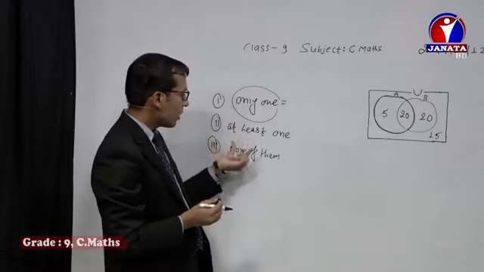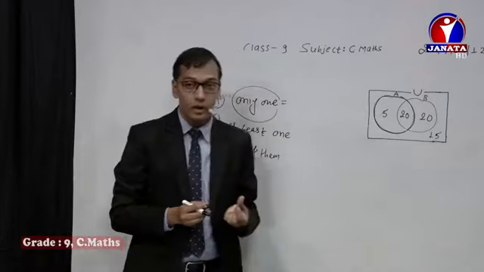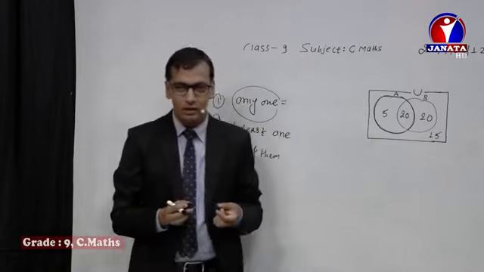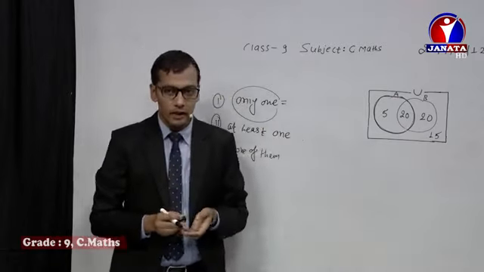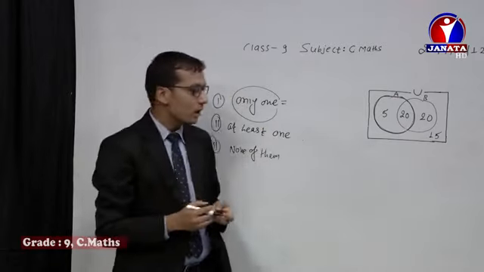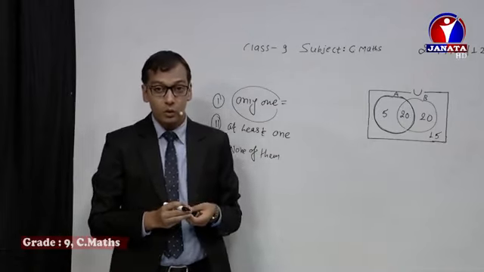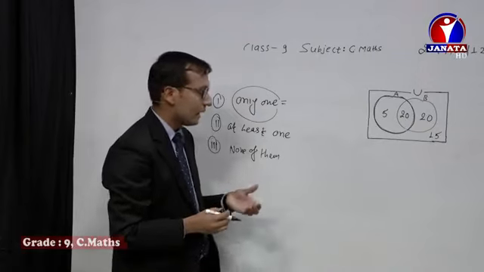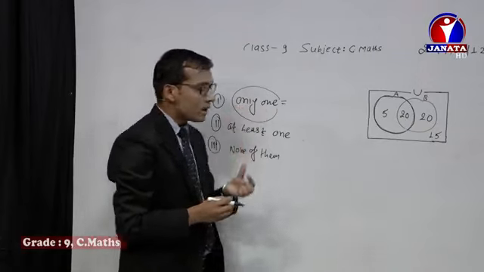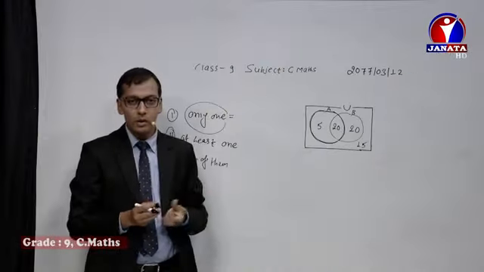Similarly, if we talk about at least one, if A and B denote the set of students who like two subjects, then how many students like only one subject?